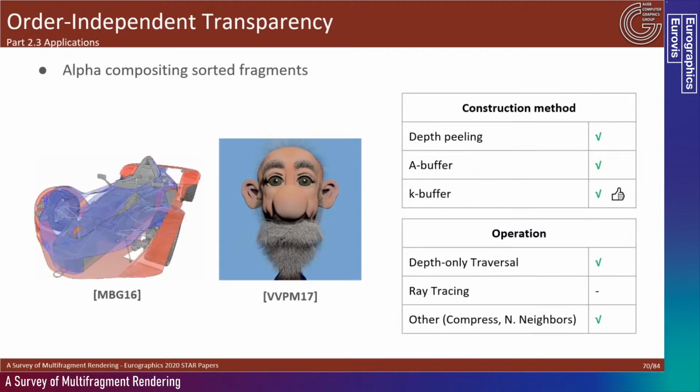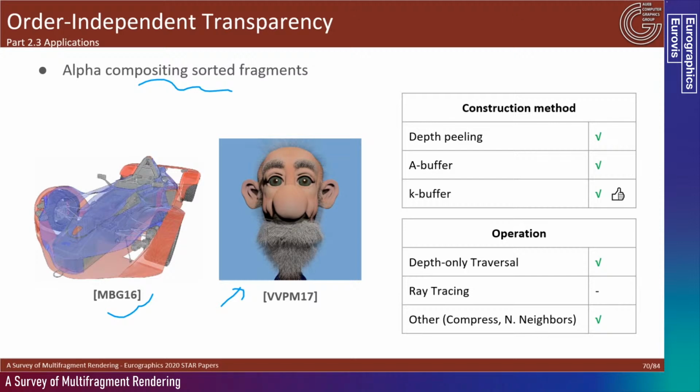The majority of research ideas in the MFR domain started from the demand for efficient and correct simulation of transparent surfaces, including hair rendering and CAD visualization. The core idea here is to traverse the sorted fragment list in a back-to-front manner and apply the over composition operator on the fragments' color data in order to compute the final color of the transparent surfaces.